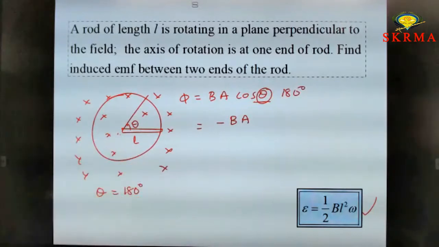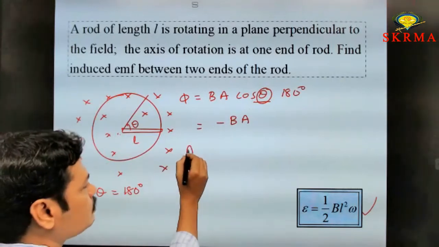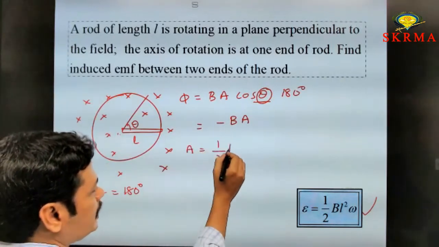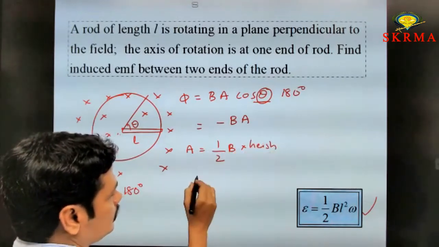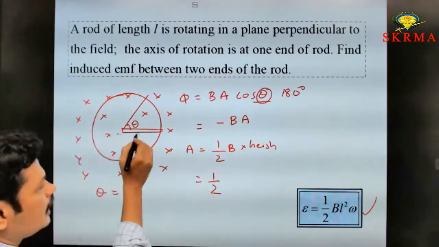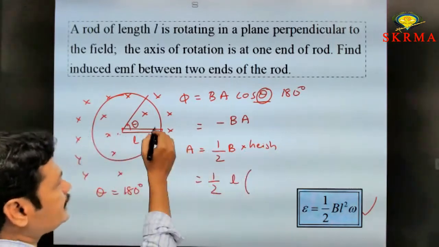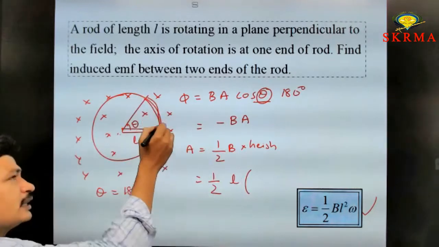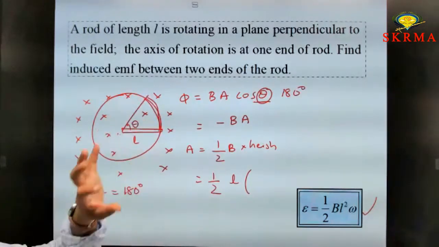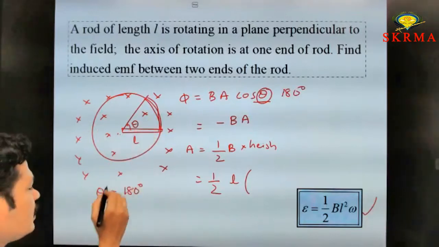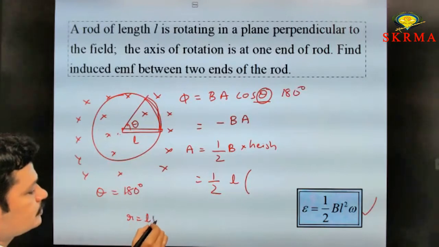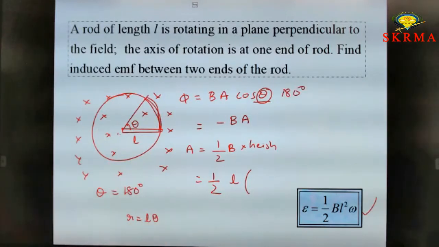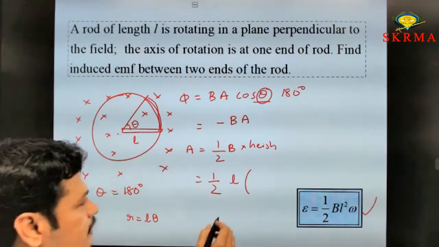What is the area here? The area covered by the rod in time. Area A is equal to half base into height, the basic formula. That is half. What is the base here? L. What is the height here? This is approximately the length of the arc. What is the formula for the length of the arc? R theta, so here L theta.